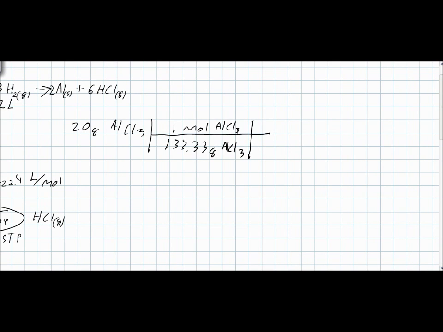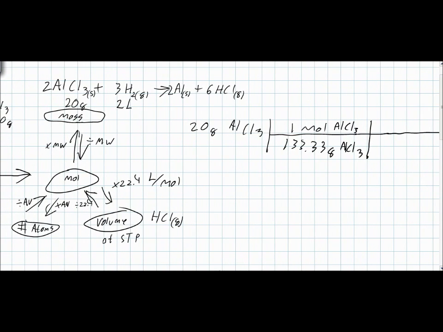And now we have to go by comparing the prefixes and setting up a mole ratio. We have a 2 in the aluminum chloride. We want to get out of aluminum chloride, so we divide by it. To get out of something, you divide by it. To get into something, you multiply by it. And we need 3 hydrogens.